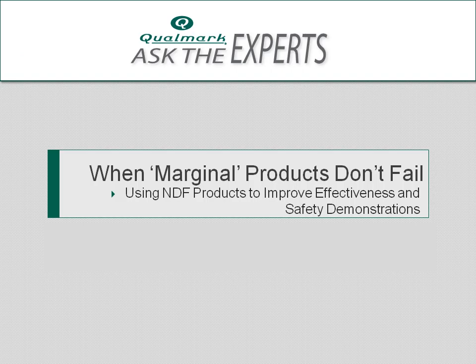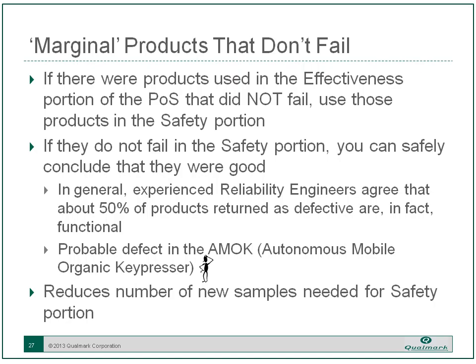Now let's think about what I've been talking about. If you've got NDF products or marginal products that don't fail, what can I do with those when I run them through the effectiveness portion of the proof of screen and they haven't failed? Well, those are perfect for putting into the safety portion.